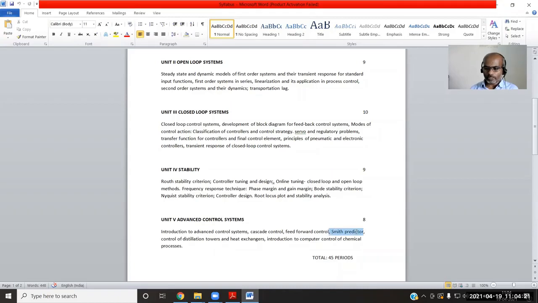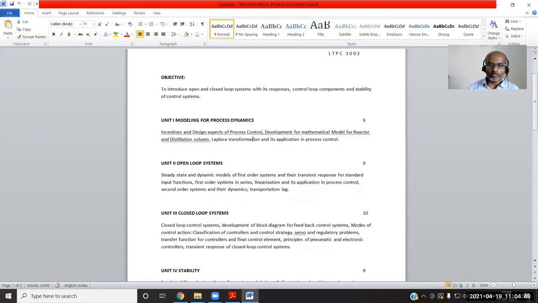This Smith predictor we won't touch. Let us leave that, because it is about how to cope with dead time systems. Maybe we'll see it after the test, along with the root locus plot.